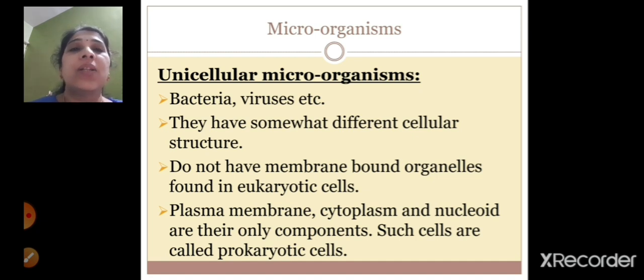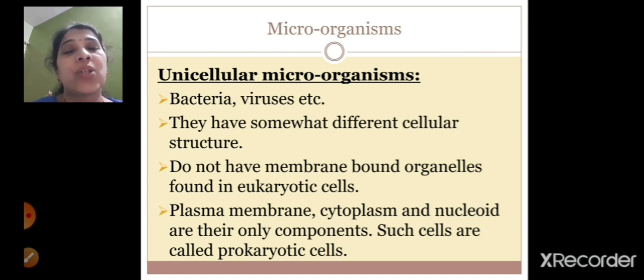Now multicellular and unicellular have somewhat different cellular structures, right? So what is different in this cellular structure? Unicellular organisms do not have the membrane bound organelles found in the eukaryotic cells. Membrane bound means they do not have an outer covering, which is found in the eukaryotic cells.